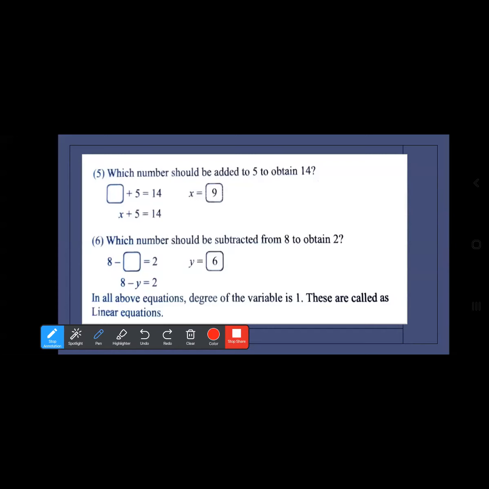And since only one variable is used, it is a linear equation in one variable. Now after this, I think students, you will not have any doubt regarding how to solve an equation in one variable. Okay, let's move further.